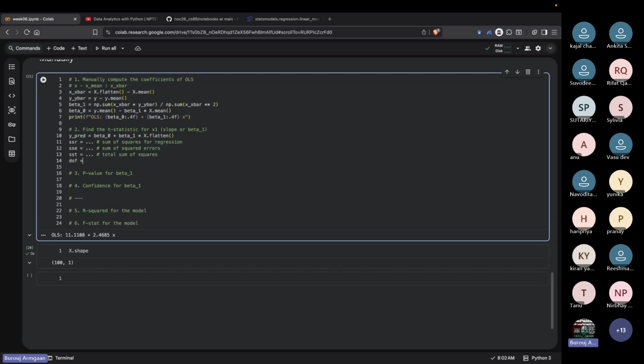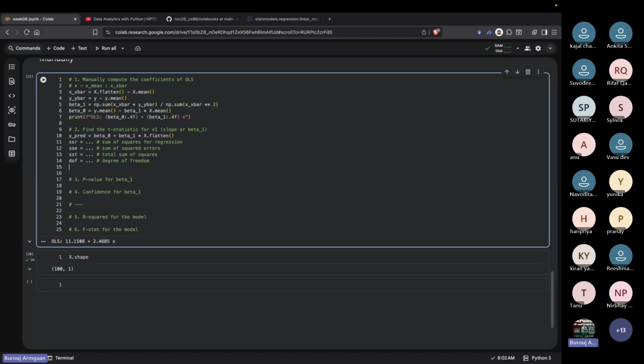You will need a degree of freedom. And then finally, you will compute that S thing, also called S2 in that case, which is your unbiased estimator of variance. Okay, so let's go with this step by step.